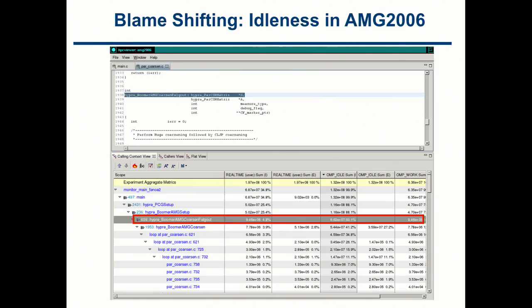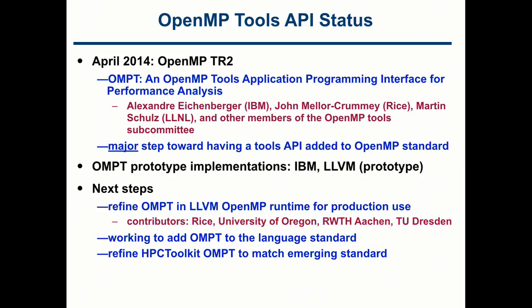And so for that example that I was showing, this algebraic multigrid, where it's performing this setup phase, all the threads are idle, and what they end up doing is blaming what's running on the master thread that's not being offloaded to any of the other threads. So it's actually very effective. It shows you where the serial code in your program is. So that's the way that the tool is actually taking the measurement data and trying to provide insight into what's going on with your application.